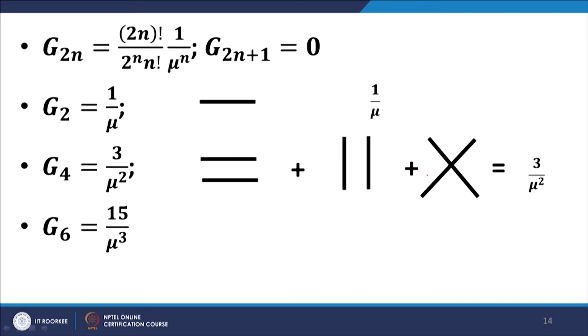To accommodate this additional expression of 1 upon mu to the power n, there will be n pairs of points connected by n lines, and therefore, we attach a weight of 1 upon mu to each line, and that is precisely what is done here. We have just the one line here, and that one line carries a weight of 1 upon mu. So, we have G2 equal to 1 upon mu.